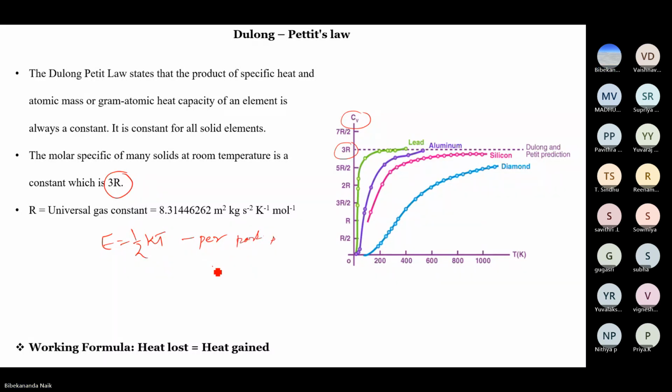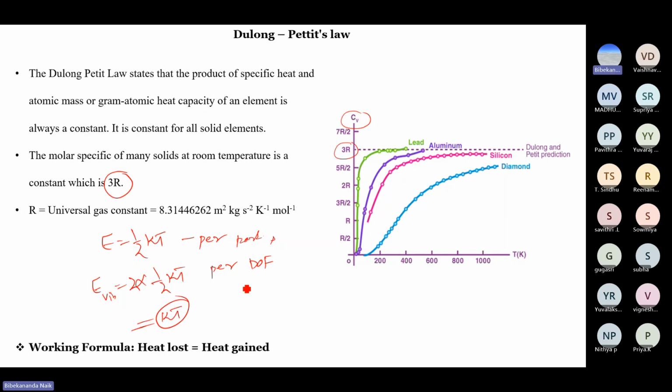Now, if you talk about vibrations, then vibration has 2 degrees of freedom. So if you consider this vibrational energy, it will be 2 into half kT, or kT, because due to vibration there are 2 degrees of freedom.